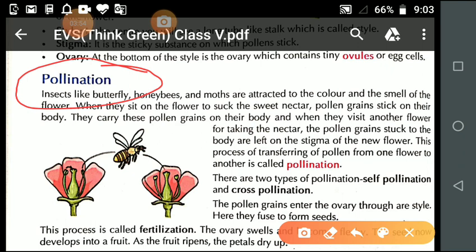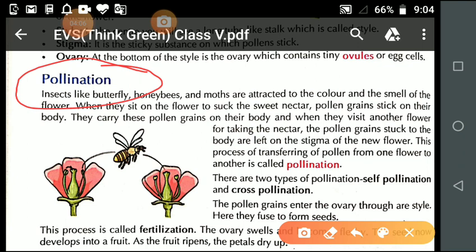Pollination is very important in plants. It leads to the creation of new seeds that grow into new plants. So student, how do the new plants grow? The new plants grow from the seed.